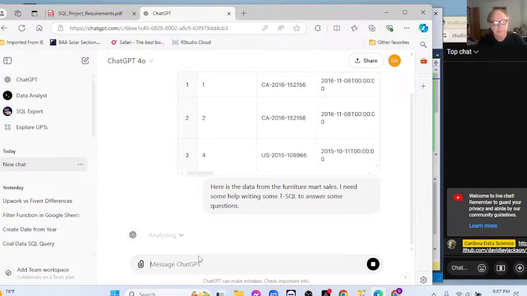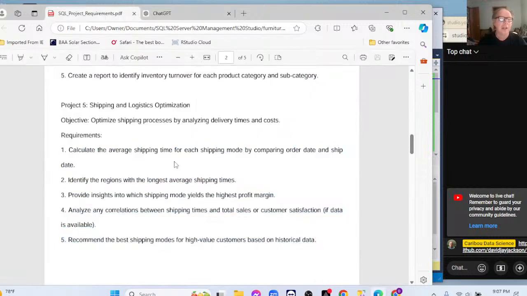Let's just take a look here at the requirements. I think it's easy. Calculate the average shipping time for each shipping mode by comparing the order and the shipping dates.